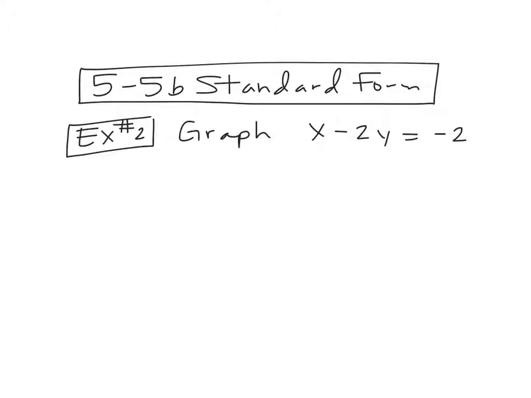Okay, so you have this set up. It says graph x minus 2y equals -2. The first thing you have to do is find your intercepts. So we're going to start there. How do we do that? Cover up, right?